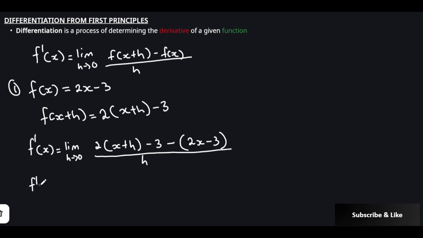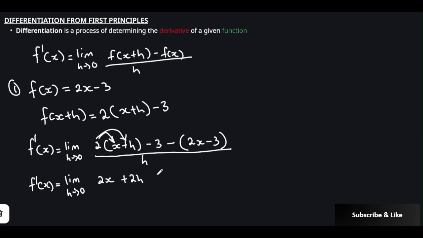So therefore, let's go and simplify our equation. f prime of x is equal to the limit as h approaches 0, and we're going to have this 2 multiply everything inside that bracket. So let's go and do that. 2 times x is going to give us 2x, and then 2 times h is going to give us plus 2h.